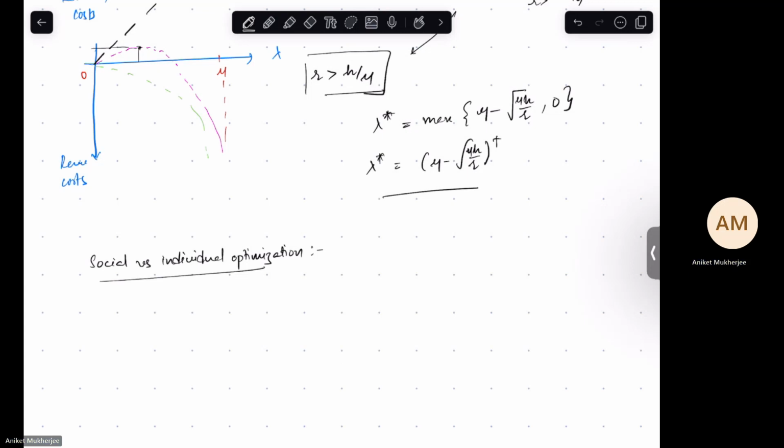Right. But there could also be an alternative possibility for who the decision maker might be. So one question is, who is the decision maker?